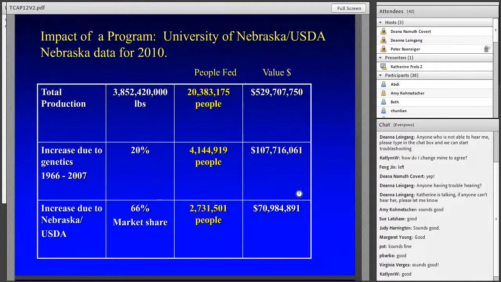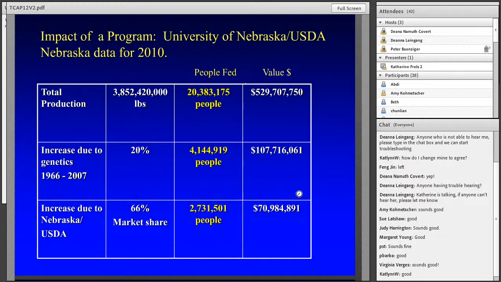But if you want to know what got me into agriculture, quite frankly, I love breeding, but that wasn't what motivated me. What motivated me was if you take that same roughly 3.8, 3.9 billion pounds of wheat, that feeds about 20 million people their annual consumption of wheat using the U.S. diet.